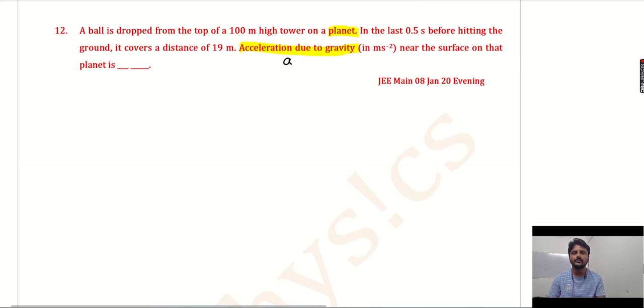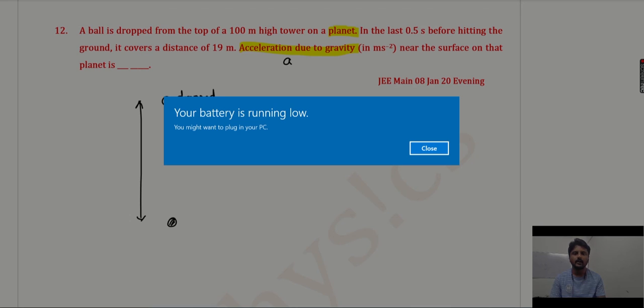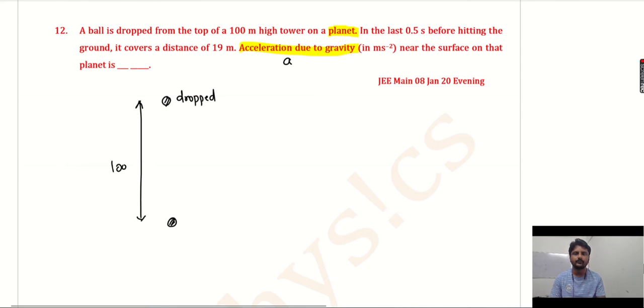So a ball is dropped from a height of 100 meter. Let's say this height is equal to 100 meter. In the last 0.5 second before hitting the ground, it is covering a distance of 19 meter.